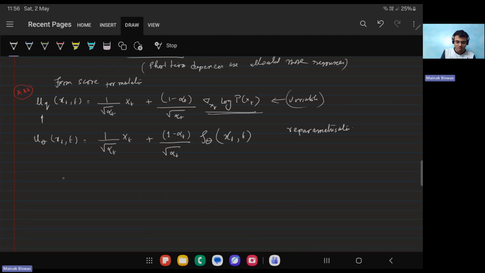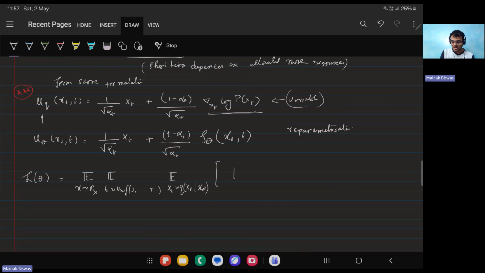So now clearly your loss function L theta becomes the expectation over x sampled from p of x, t sampled from uniform 1 to T, and xt sampled from q of xt given x0.